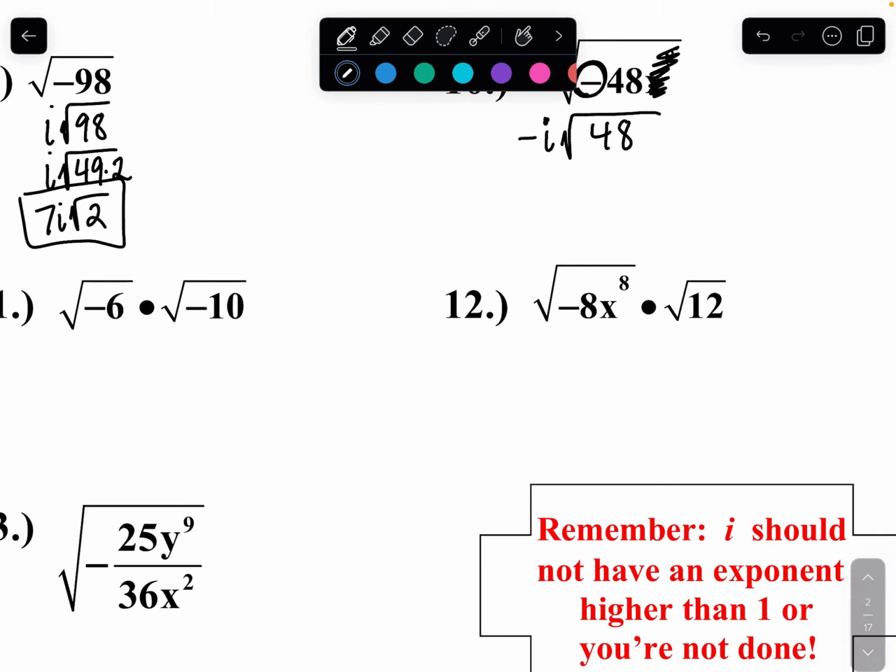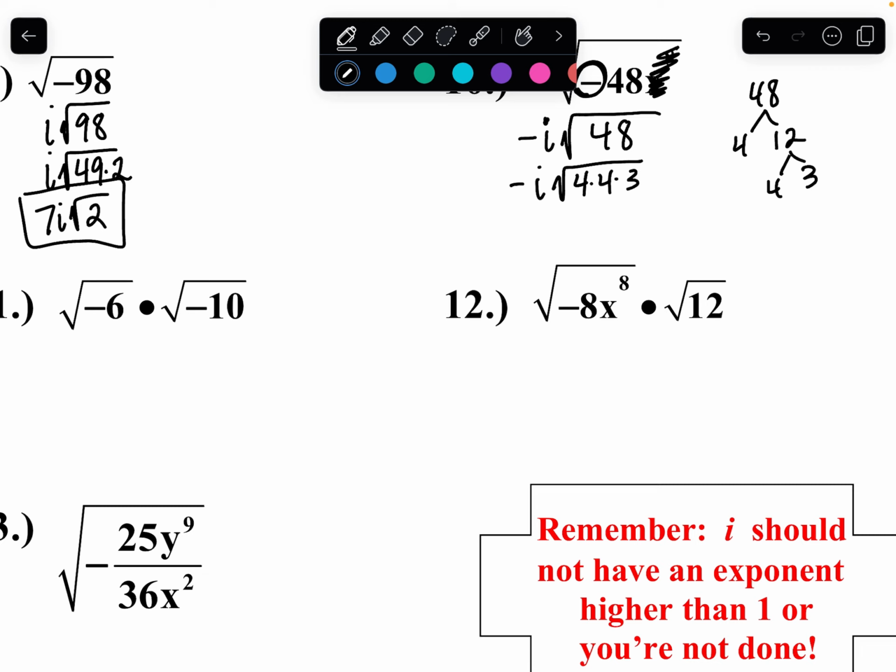Okay, and so 48, we can break 48 into 8. Well, I struggle with my perfect squares. So that would be 4 times 12, and that would be 4 times 3. So we can take a 4, we can take 2 2's out, so that would be 4 times 4 times 3.